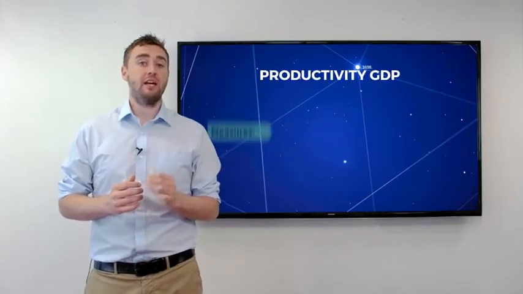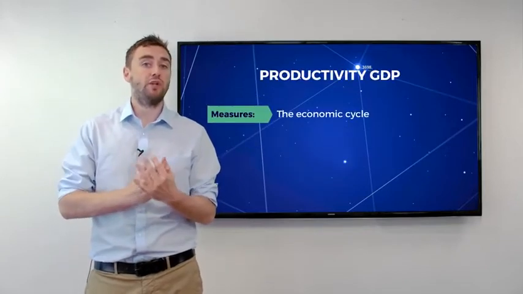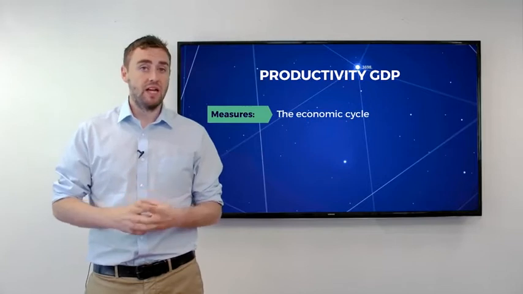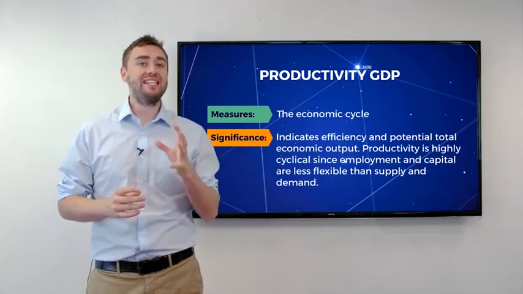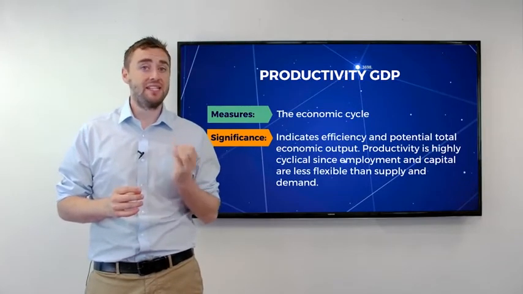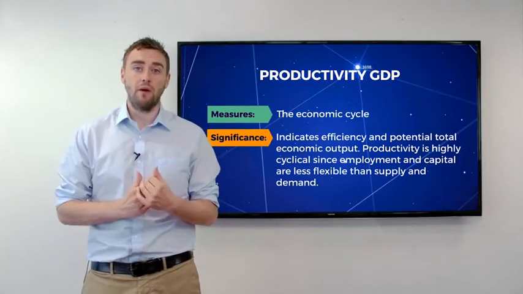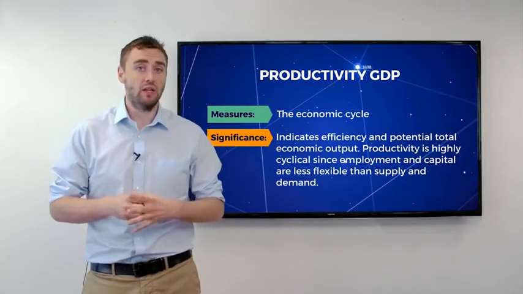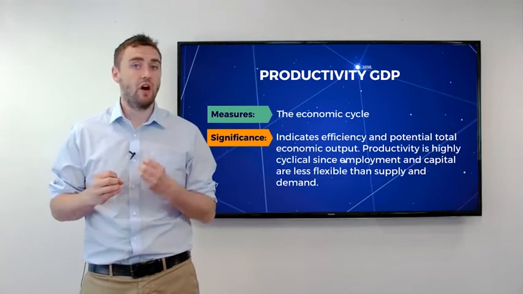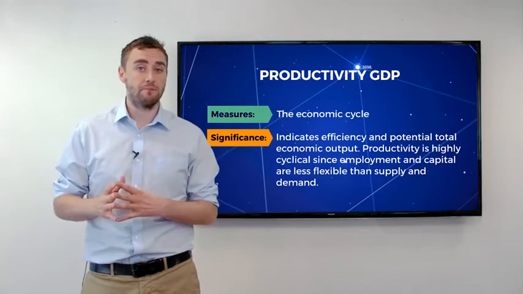Productivity GDP measures output for one unit of labour or capital, and this is significant because it indicates efficiency and potential total economic output. Productivity is highly cyclical since employment and capital are less flexible than supply and demand.